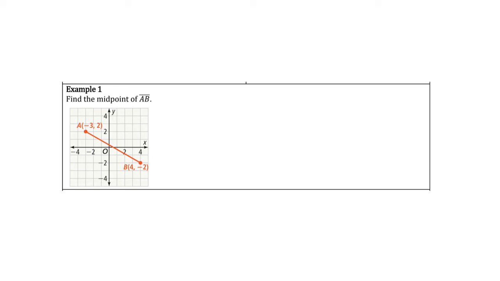So let's look at an example of finding the midpoint of point A and point B. We're going to use our midpoint formula, which is x1 plus x2 divided by 2, y1 plus y2 divided by 2. We can label this x1, y1, x2, y2.